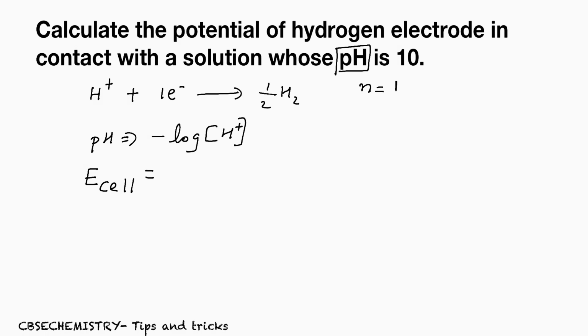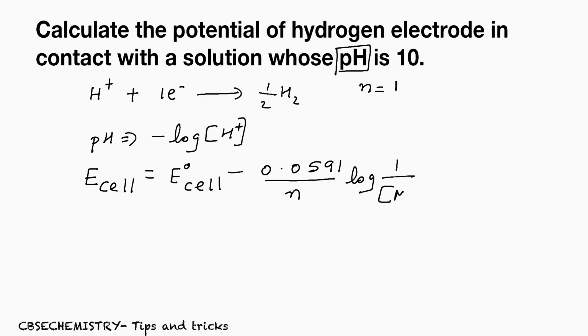Hydrogen electrode half cell. And what is the equation for E cell of a half cell? It is E0 cell, correct, minus 0.0591 by n log 1 by M n plus, right? This you know, right? This is the Nernst equation for half cell.